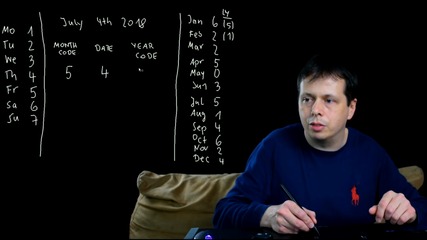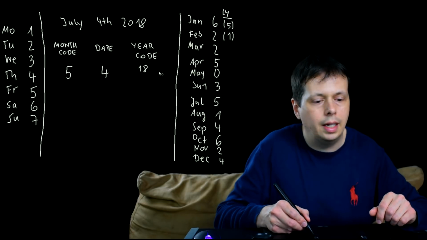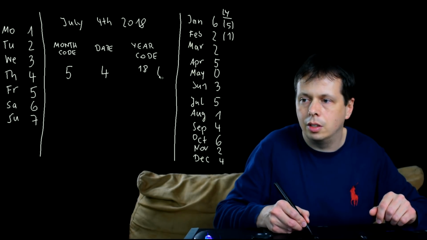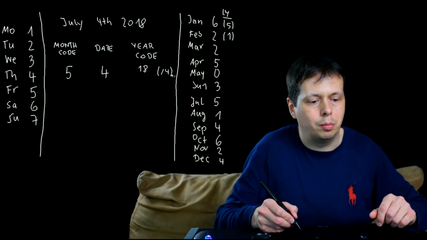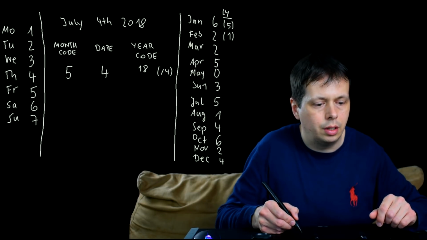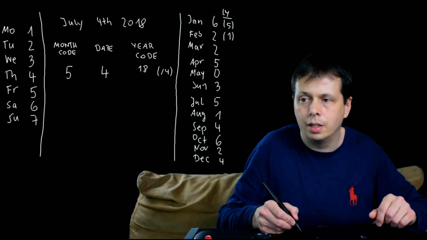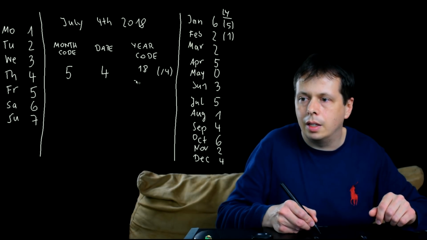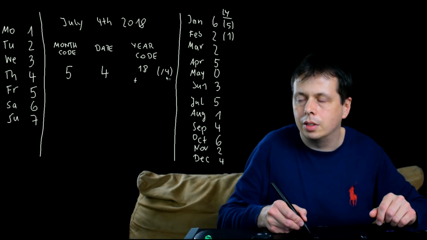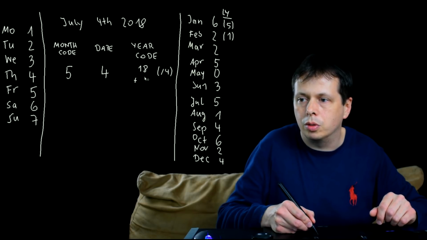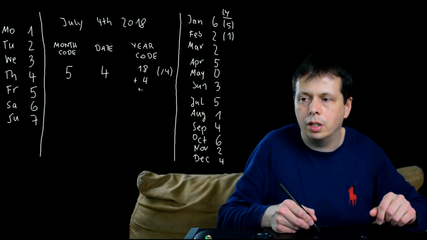Let's write first the 18 for the last 2 digits and divide by 4. 4 times 4 is 16, 5 times 4 is 20, so we need the 4.